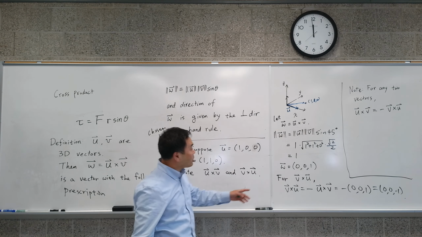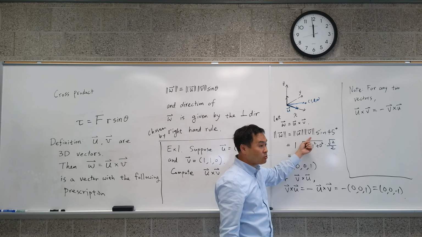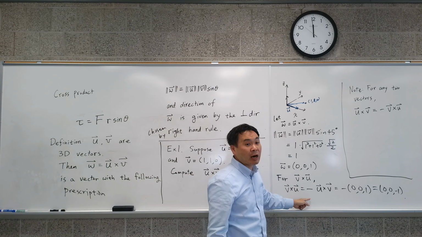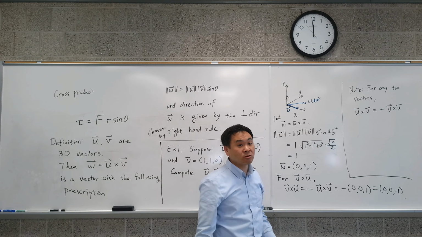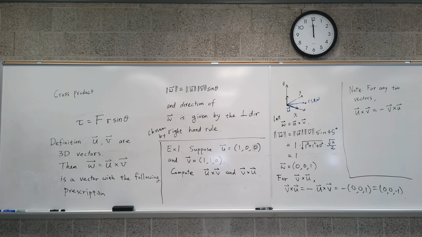Because if you look at the formula for the magnitude, that doesn't change, whether you have uv or vu. But the direction changes. You have the same magnitude, but opposite direction. So that's always true. Okay?